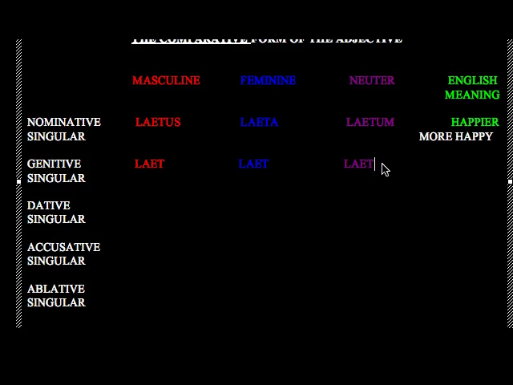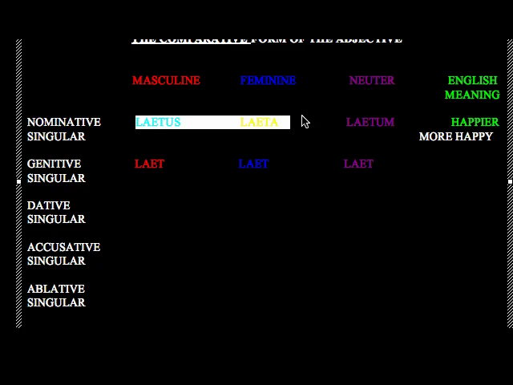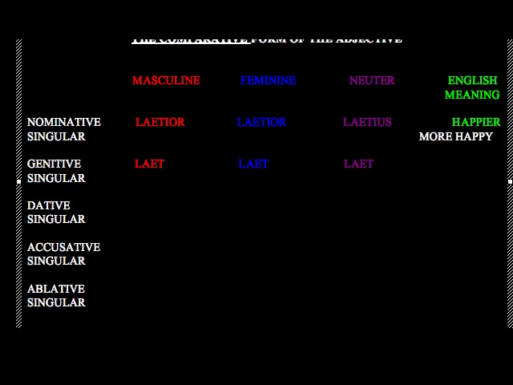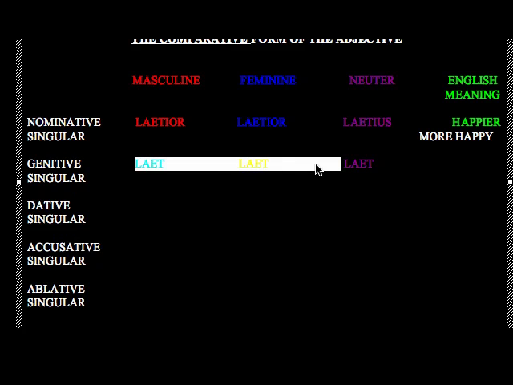And then we're just going to add IOR to each of these forms, and IUS for the neuter. See? Then, same as last time, IORIS for all these forms.